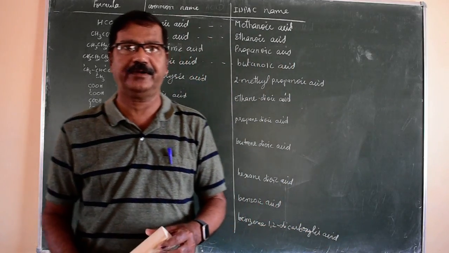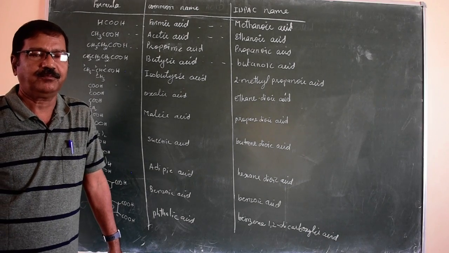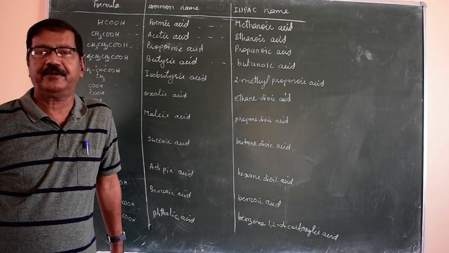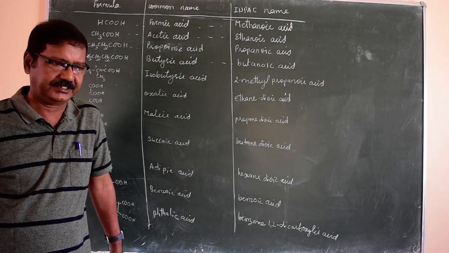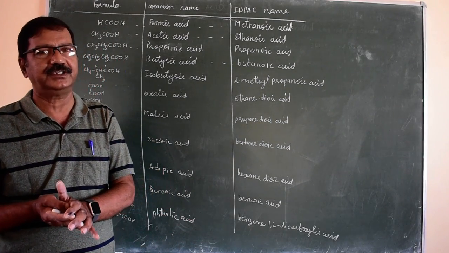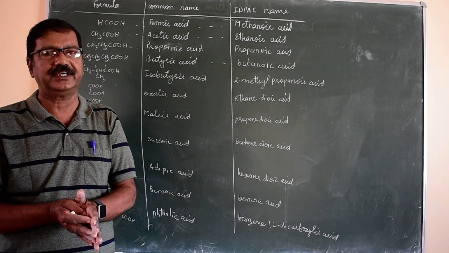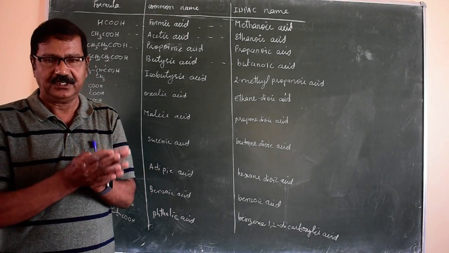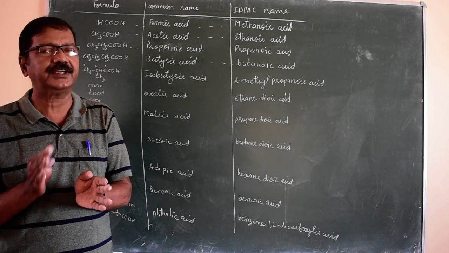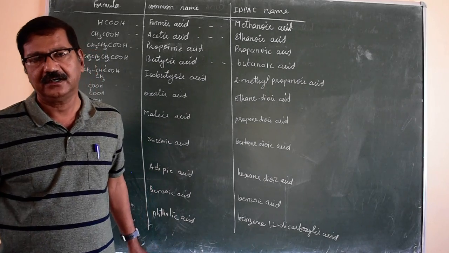Now it's about the preparation of carboxylic acids. Well, carboxylic acids can be prepared from alcohols and aldehydes. So we know primary alcohol on oxidation gives aldehyde, which on further oxidation gives the carboxylic acid. So aldehyde and carboxylic acid contain the same number of carbon atoms as the alcohol.